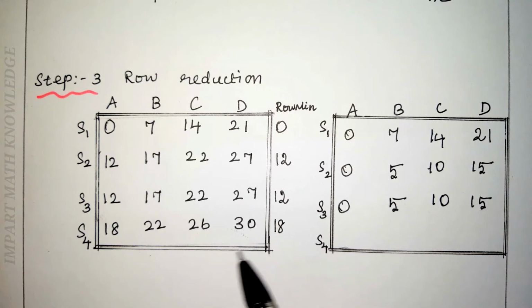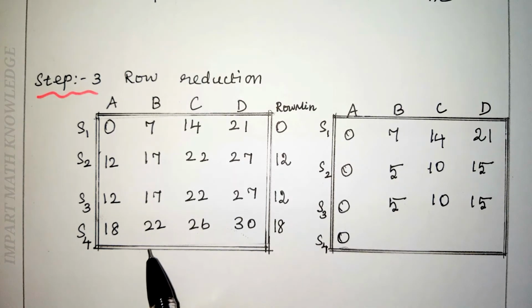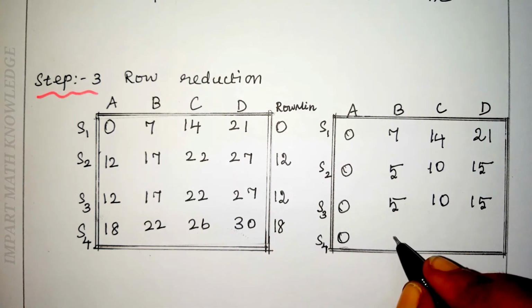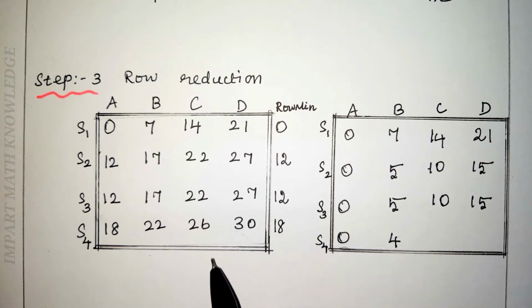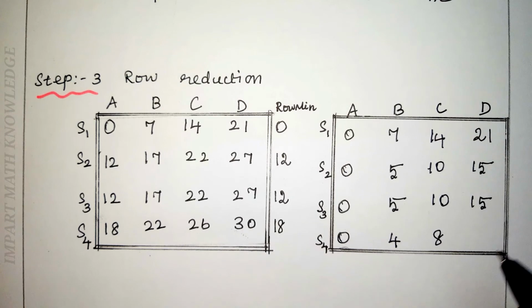Fourth row, the least element is 18. 18 minus 18 is 0. 22 minus 18 is 4. 26 minus 18 is 8. 30 minus 18 is 12. Row reduction is over.